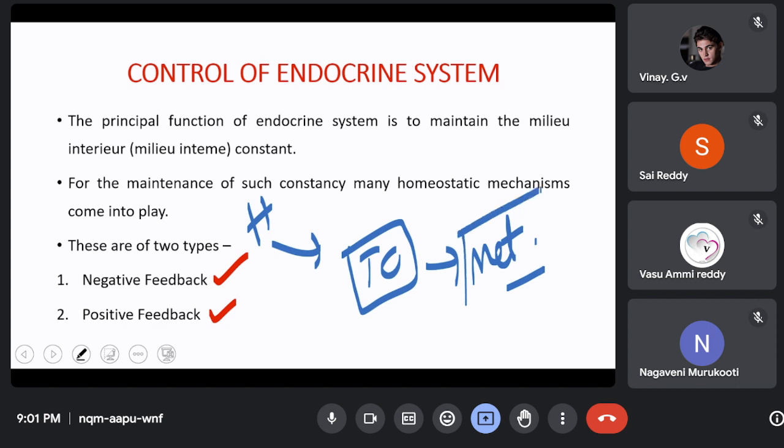Thus, the secretion or non-secretion of the hormones is related to the regulation of metabolism, which actually is the crux of homeostatic mechanism. Thus, along with the nervous system, endocrine system is also considered for maintaining the internal environment constant.